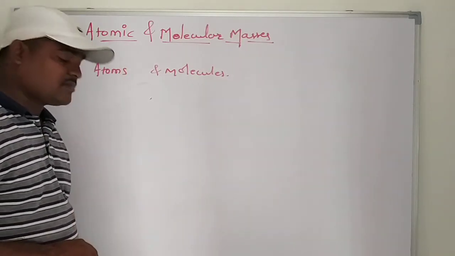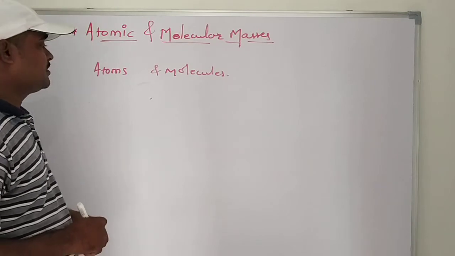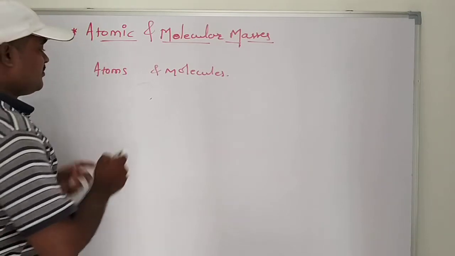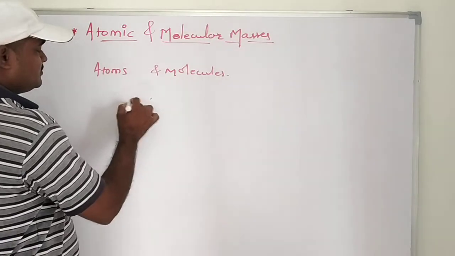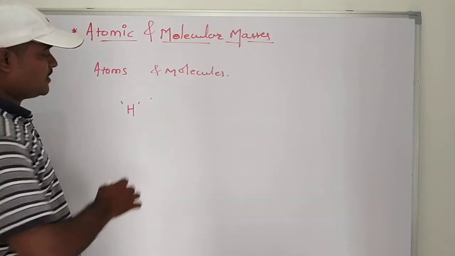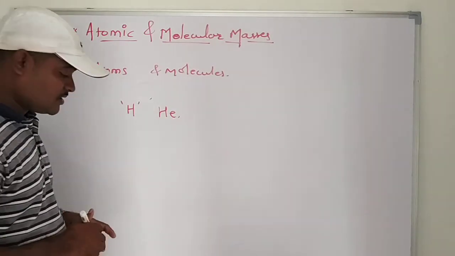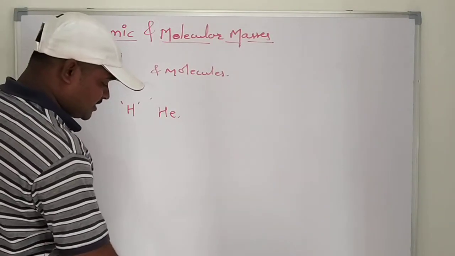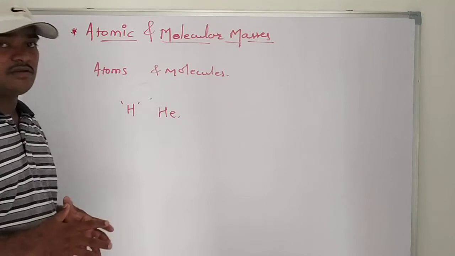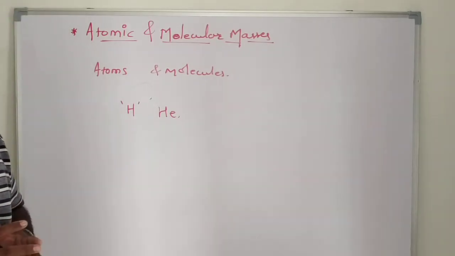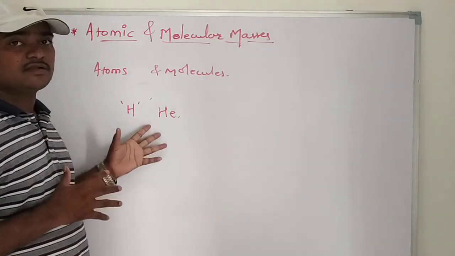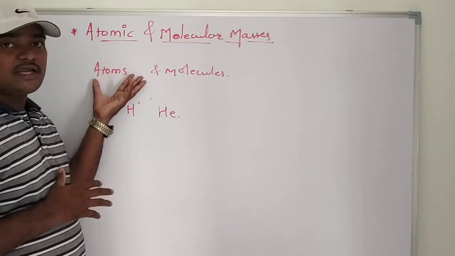Atomic mass is the mass of an atom. For example, hydrogen, this is an atom. Helium, atom. So it is actually a very small particle of matter that we are calling an atom.